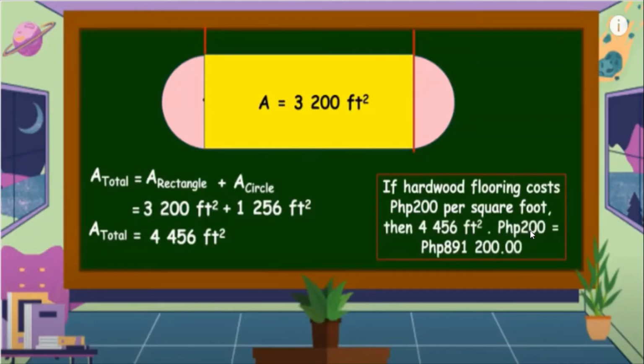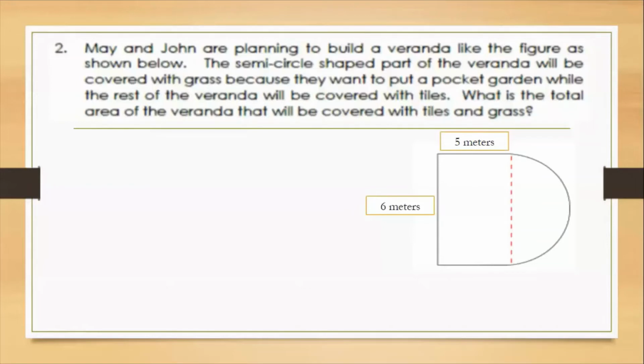Then we get a total of 891,200 pesos. This is the cost of the total flooring of our roller rink. Okay, so we're done with our first problem. Now let's proceed to the next one.